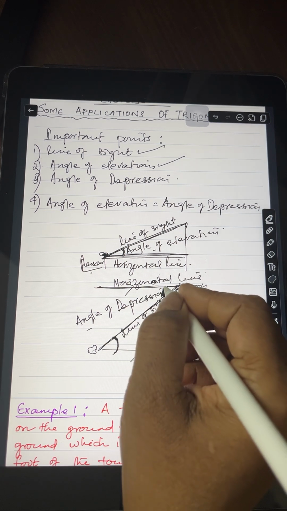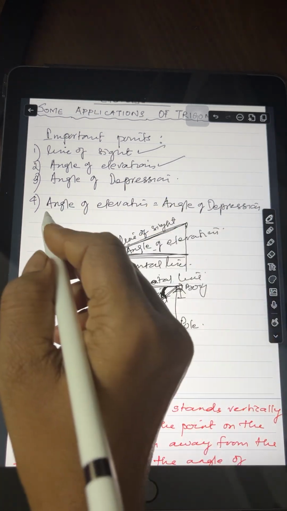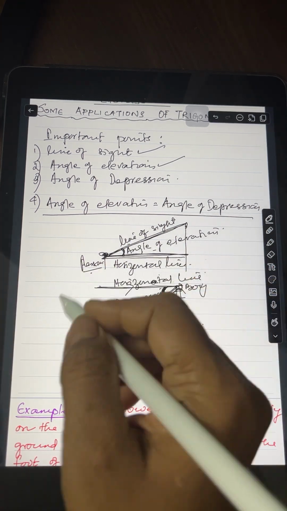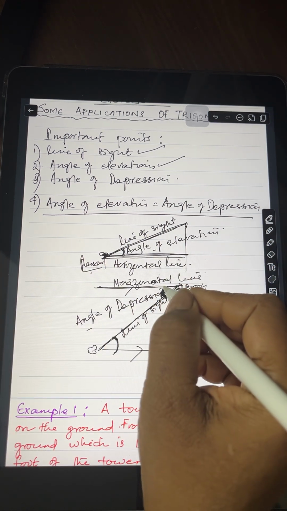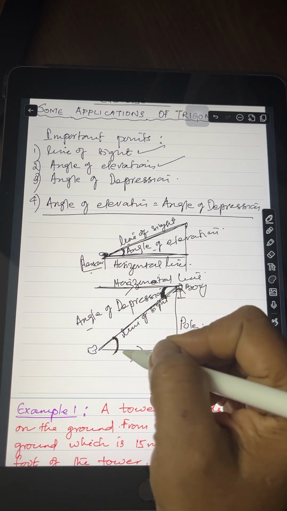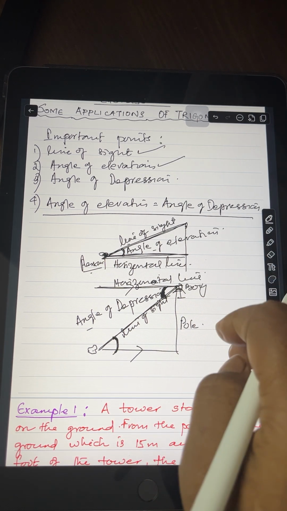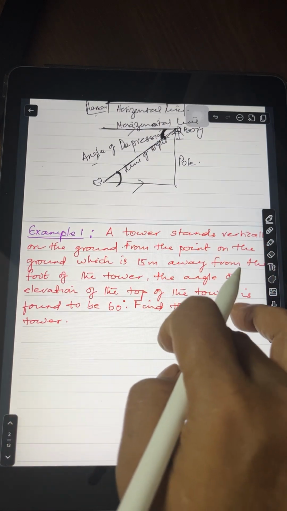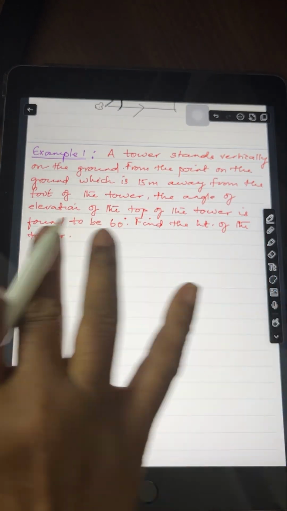That is why I have given here that the angle of elevation is equal to the angle of depression. Always the angle of elevation is equal to the angle of depression. Okay, clear till here? Now we'll start the examples.